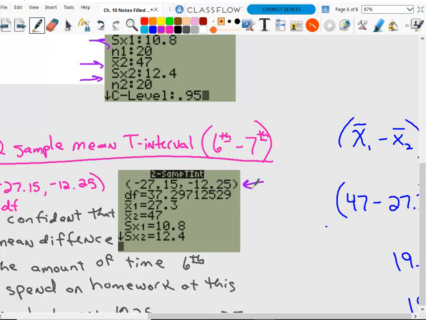So it would have been positive 12.25 to positive 27.15. All that is the difference between which way you wanted to subtract. I would tend to argue that I like to keep numbers positive, but it really doesn't matter. You could see both, so don't panic.